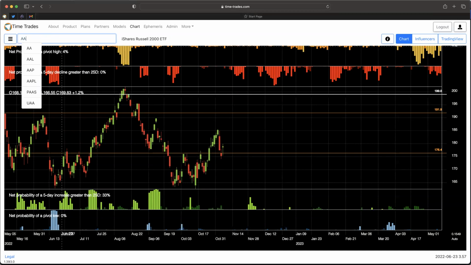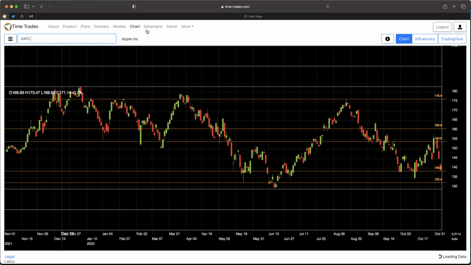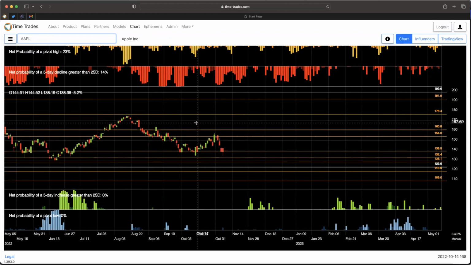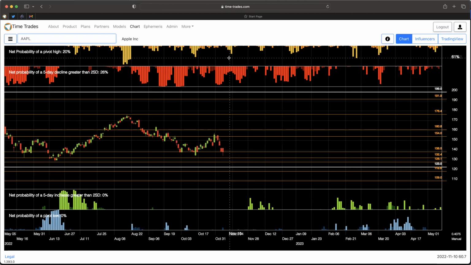Okay, so let's also take a look at the major tech stocks here that are components of the Qs. Looking at Apple, that is showing a few potential green days this coming week, heading into November 11th with a pivot high. And then the red returns with a peak in 2 standard deviation down days, November 18th.